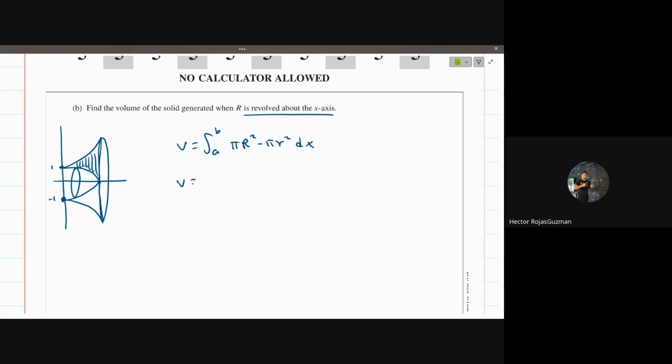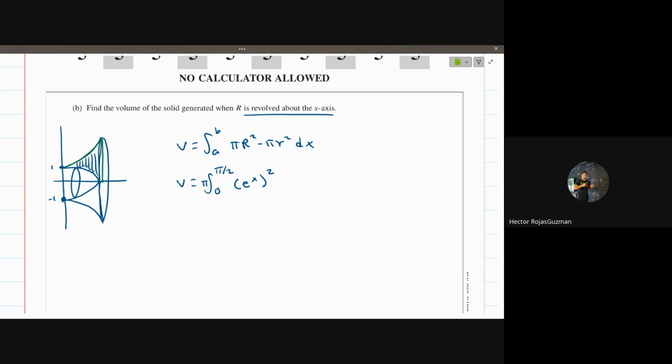So the volume equals the integral from 0 to pi over 2. You know what? We're going to go ahead and take out the pi to the outside of the integral since it's a constant. The big radius is given by e to the x, since you can go from the x-axis all the way to the top of the function, right?